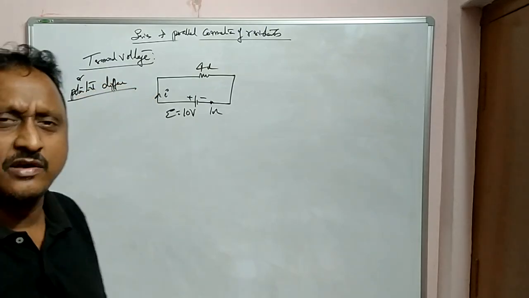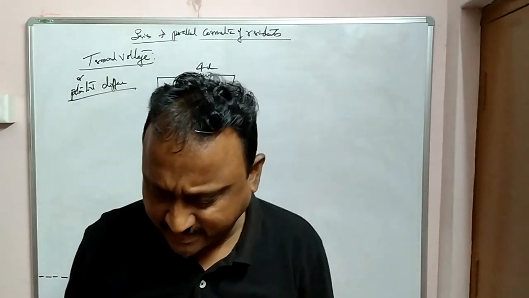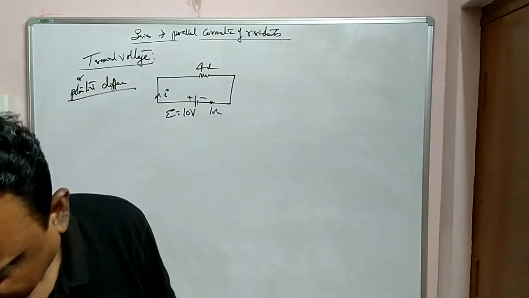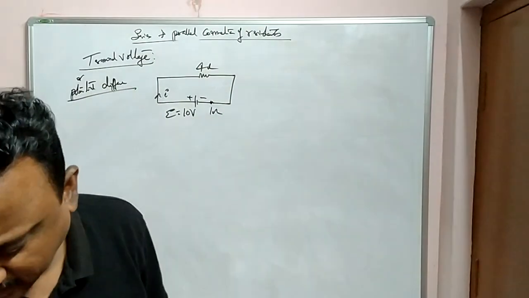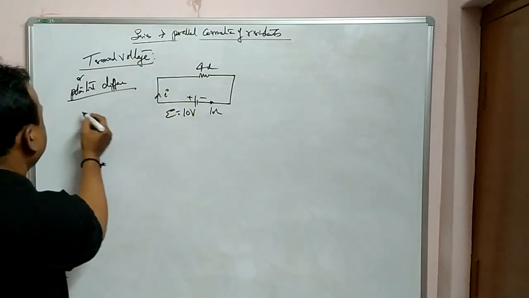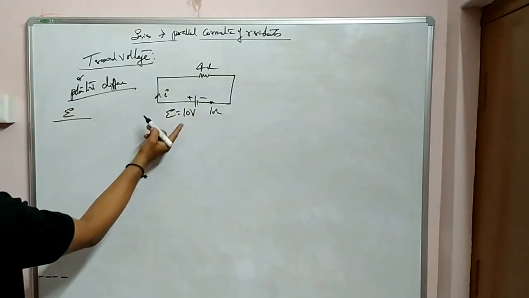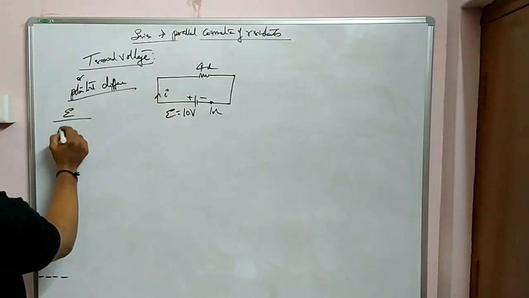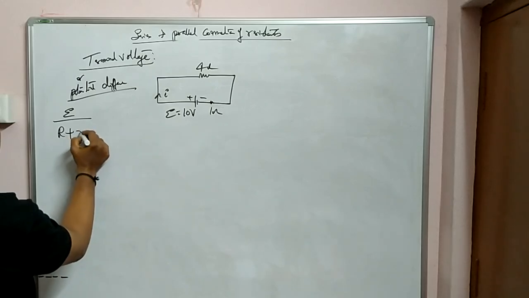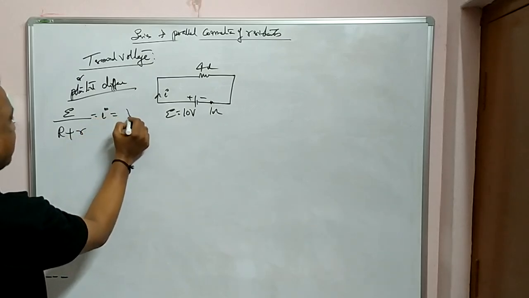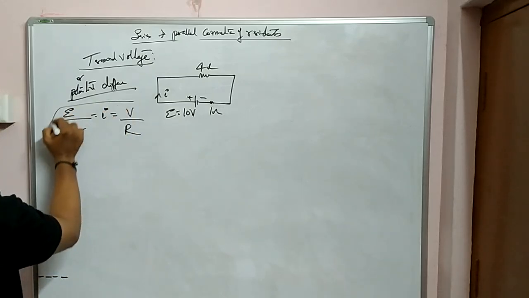The voltage across the terminals of the battery, plus and minus, is called terminal voltage. It is also called potential difference. And we have an equation also, E by external load resistance R plus small r is equal to I, which is equal to V by R.